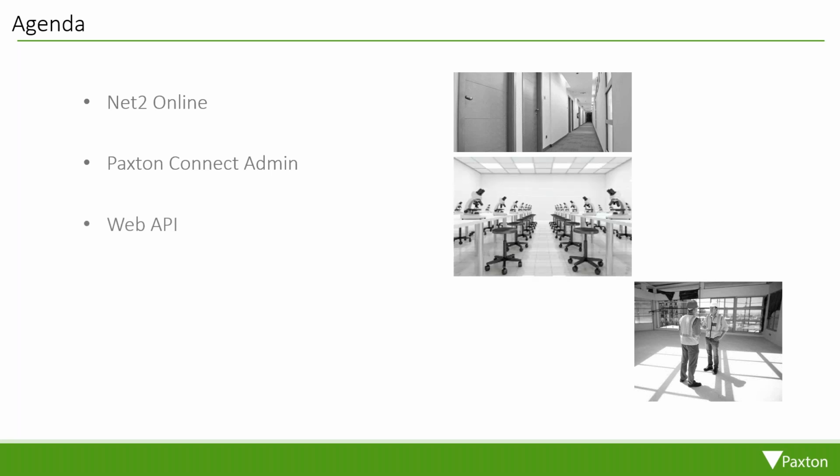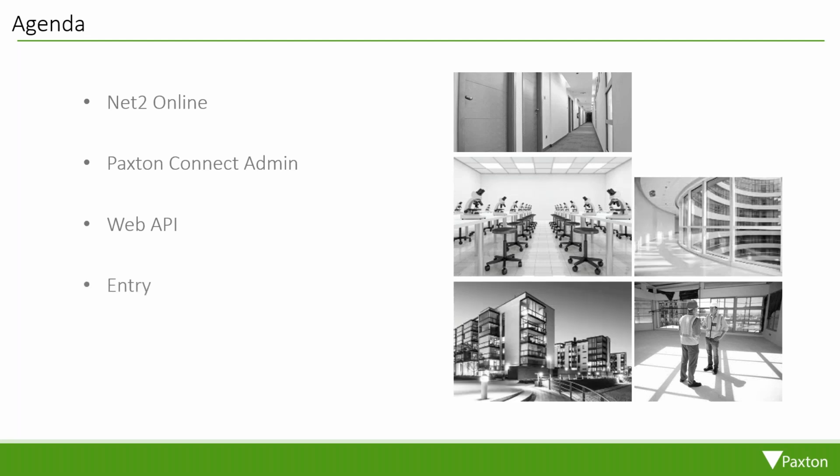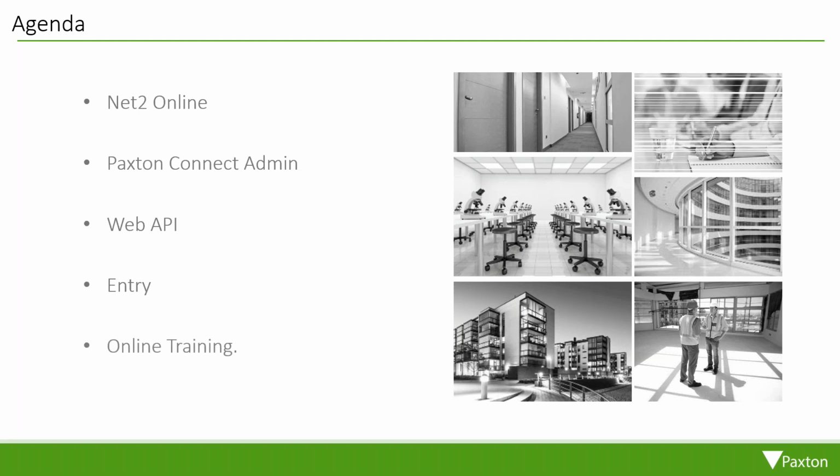Following that, I'm just going to share with you some news on our web API. Then we're going to visit Entry, talk about the architecture behind Entry, and also introduce you to a new product. And then I'm going to make you aware of the resources that we put online for online training sessions as well.